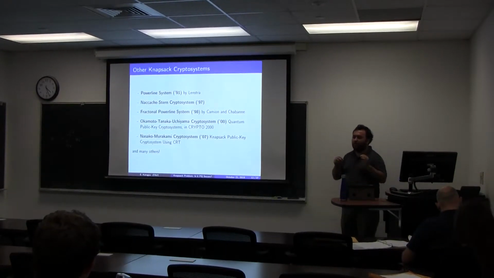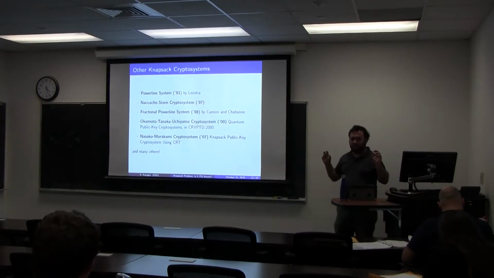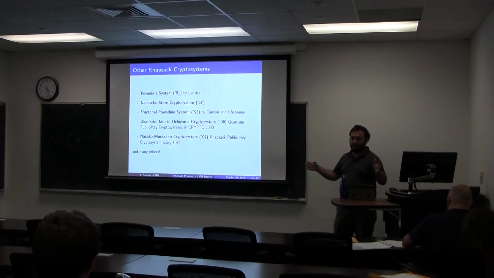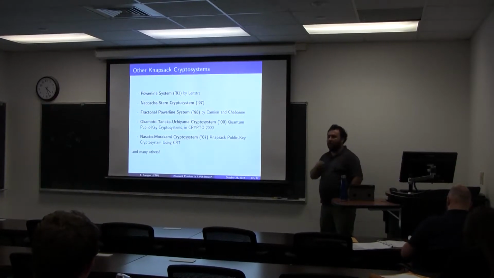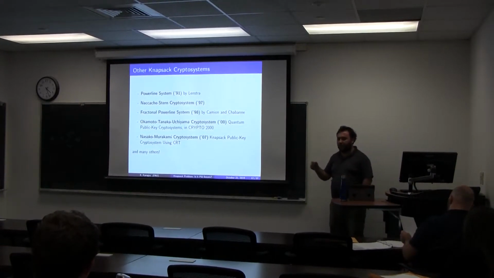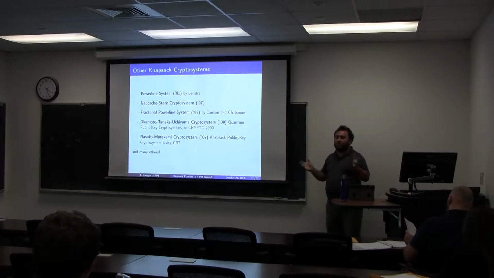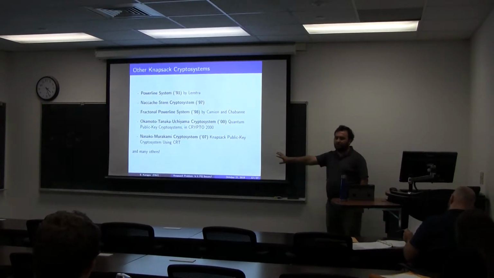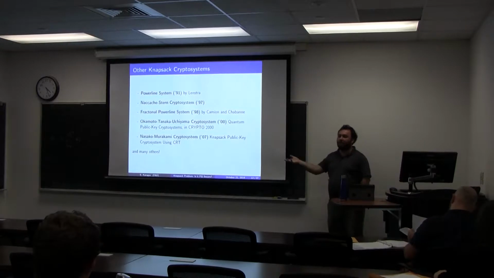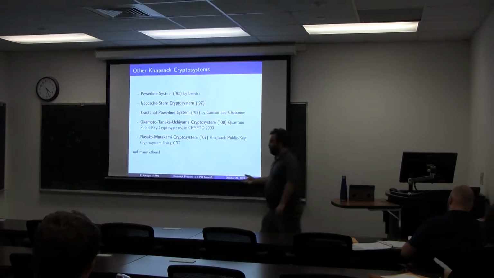As you remember, you need to compute the discrete logarithms to compute the public key. They say we don't need to compute the discrete logarithms, just remove this part. And instead of using an additive knapsack, let's use a multiplicative knapsack.